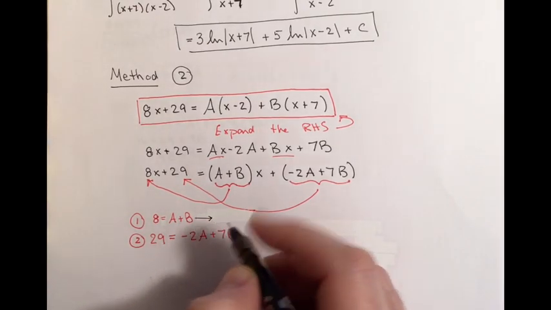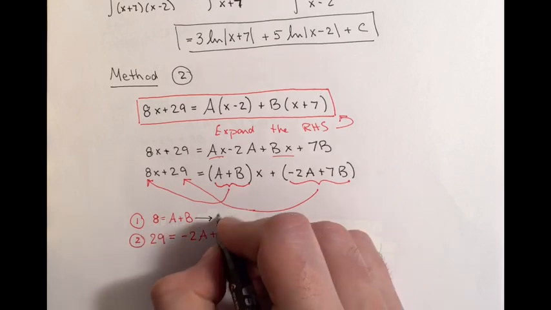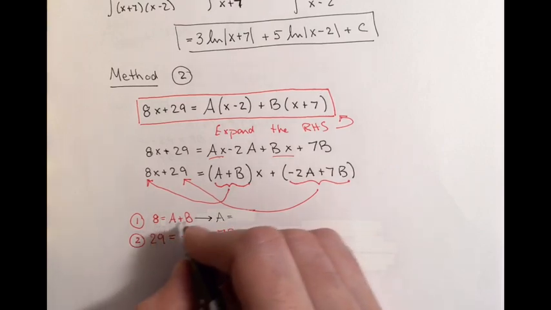So from the first equation, if we solve for a, a is going to be equal to 8 minus b.